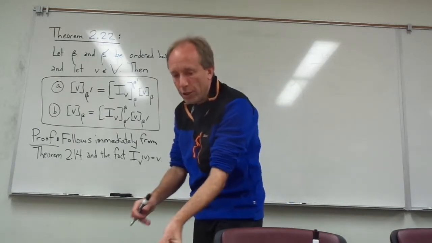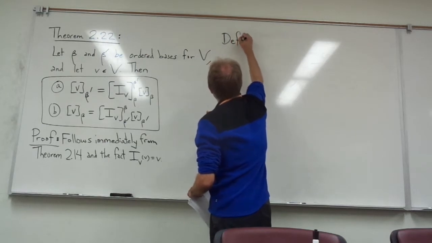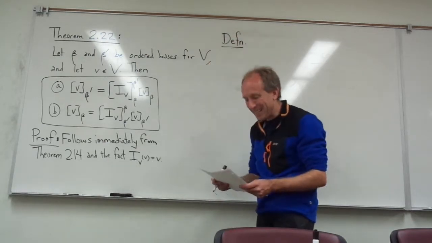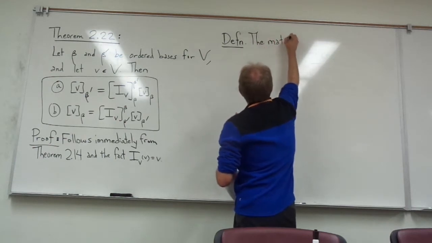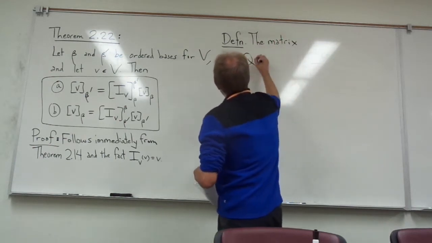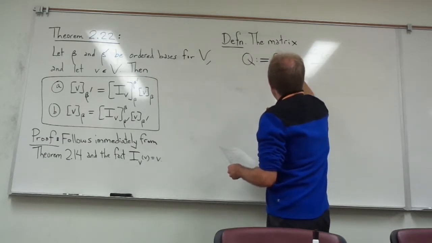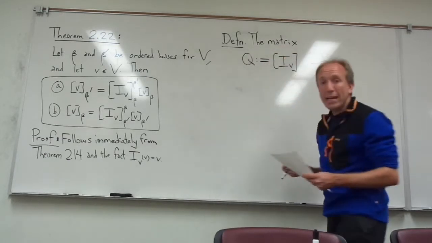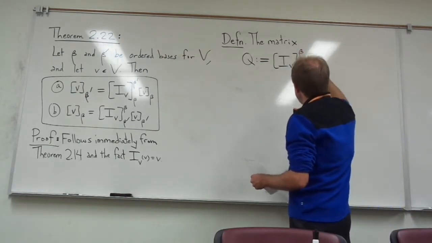Okay, so just a quick definition here, because this is mentioned in the homework and I didn't actually state this last time. The matrix, which in the book is going to be called Q, is just the matrix representation of the identity transformation from beta prime to beta.